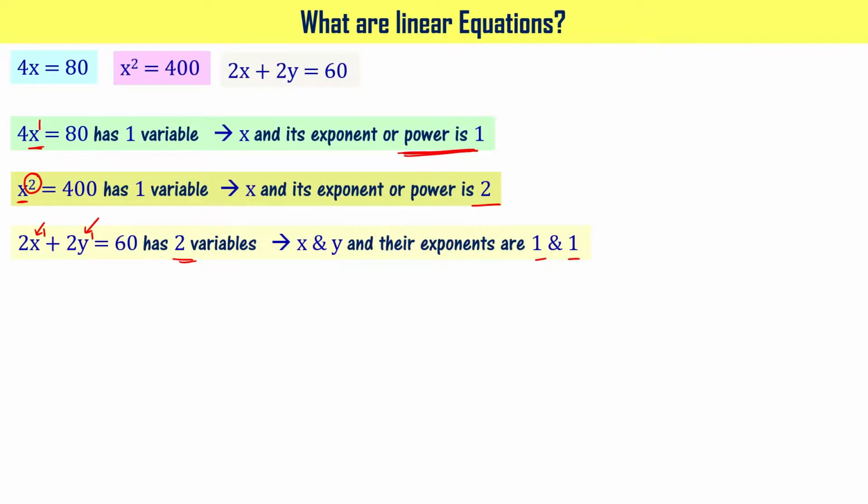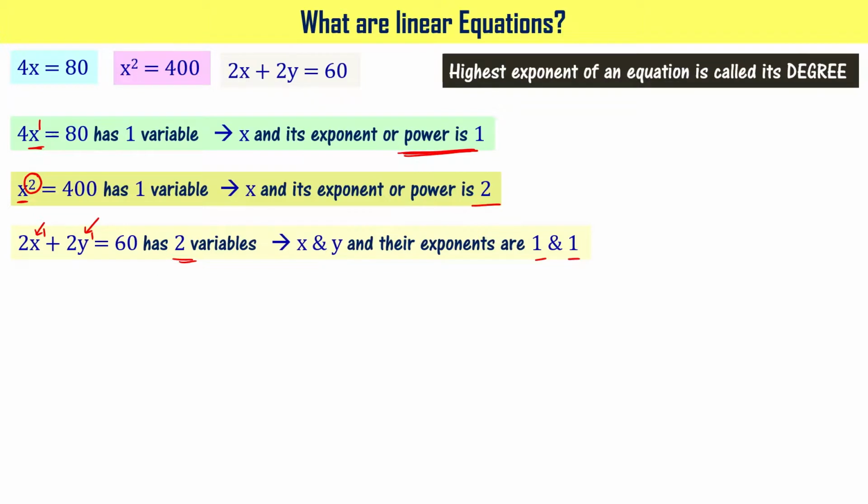Got it? Now you may recall from your earlier classes that the highest exponent of an equation is called its degree, right? Here, this particular equation has got exponent 1 and that is the highest exponent. That's why the first equation 4x equal to 80 is said to be having degree equal to 1, or otherwise you can say that the degree of this particular equation is 1, right?